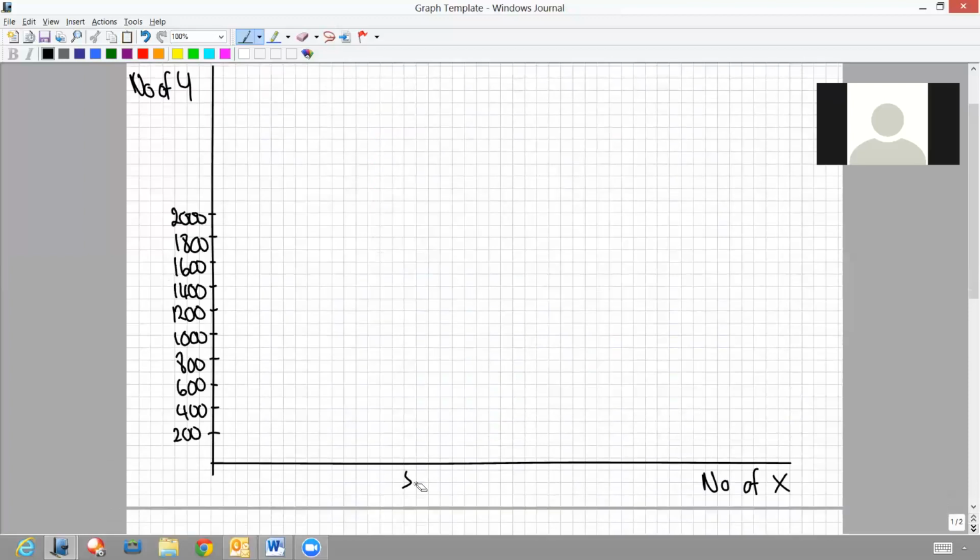And then going across our x-axis, we're going to go up to 2,300. Okay, so I'm going to go up in 100s here because I've got more room.